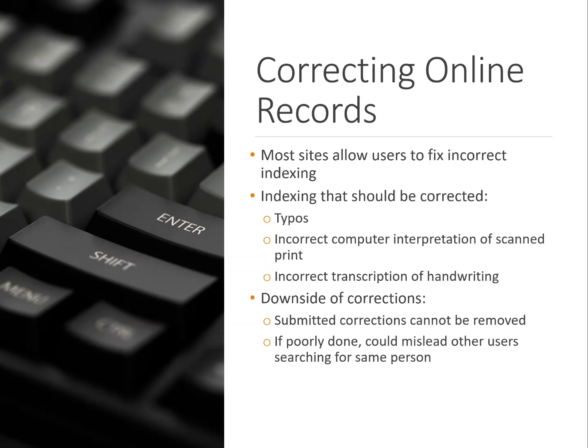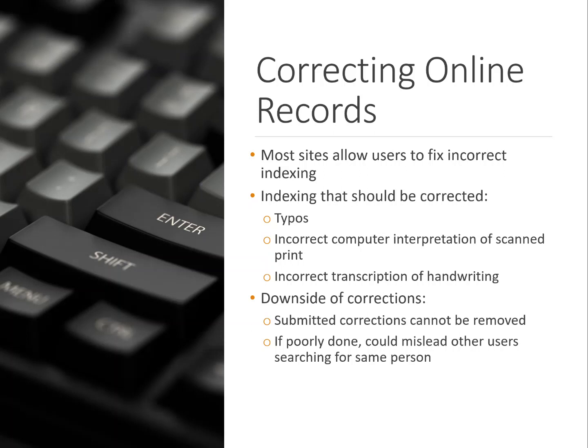And especially around newspapers, the computer has incorrectly interpreted the text in the scan that they're turning from image to characters. So we'll talk about that more when we talk about newspapers.